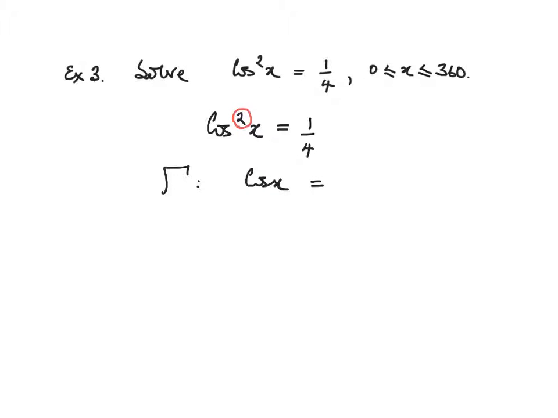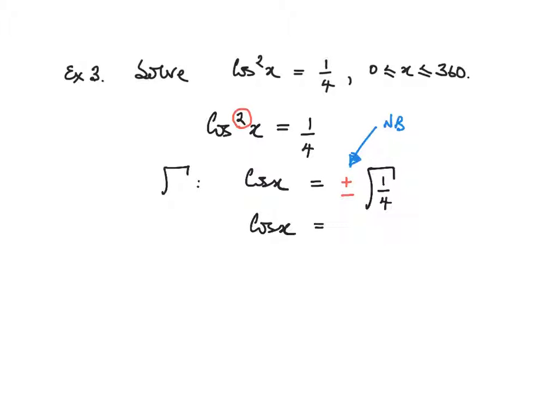If I take the square root of the right hand side, I get positive and negative the square root of 1/4. Now that positive and negative is very important. Note well. Right, calculators.